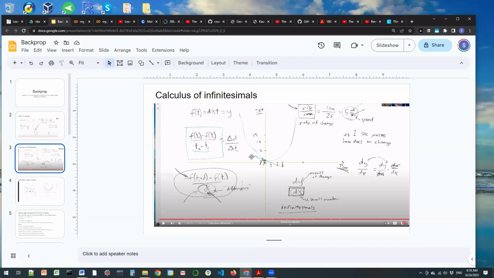In that case, what we do is we try to calculate the speed at a particular point in time along this curve by finding the tangent to the curve at the point of interest and moving just a tiny amount, the tiniest of amounts possible, and calculating the change in distance and dividing it by the tiniest of changes in time.